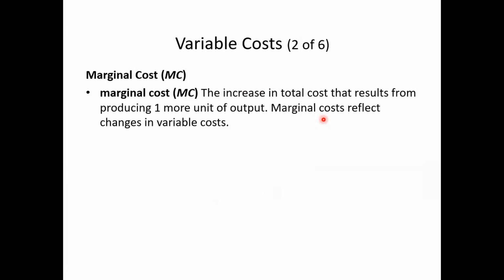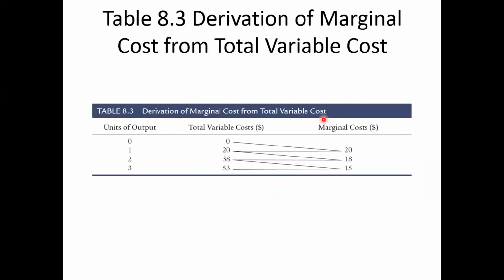So marginal cost is the additional cost from producing the next unit from either total cost or total variable cost, because that's the only thing that's changing. So if you look at your variable cost, the first unit cost me 20. 20 minus 0 is 20. Second unit was 38. 38 minus 20 is 18. Third unit is 53. 53 minus 38 is 15.